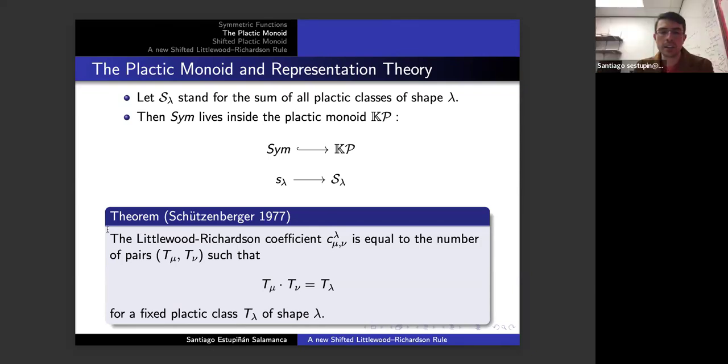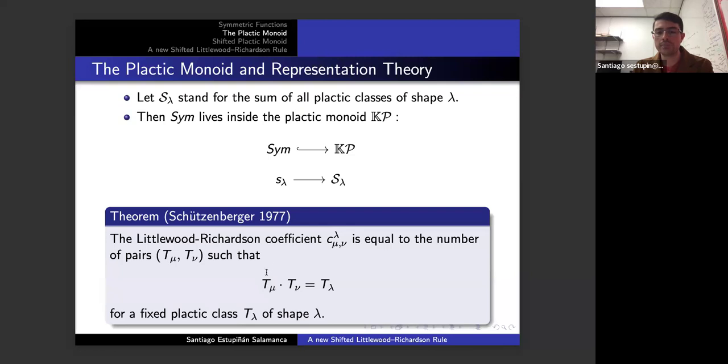The connection that establishes this bridge between the plactic monoid and the coefficients that we saw in the multiplication of Schur functions is this result that you can find this coefficient by calculating all pairs of tableaux, T sub mu and T sub nu.